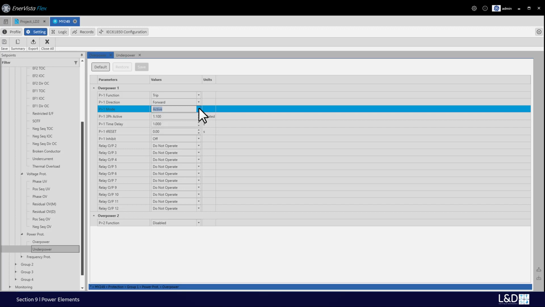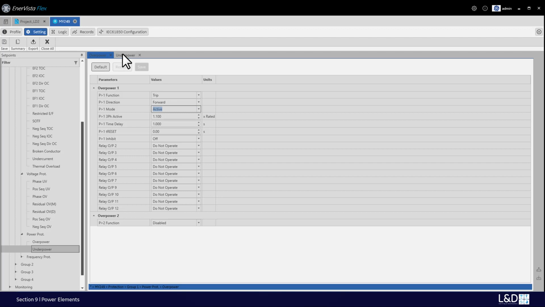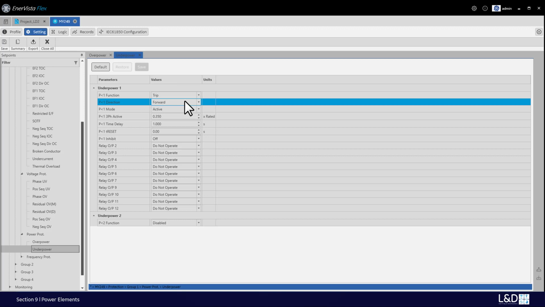In the underpower section, this can be programmed as forward or reverse, and the most common application for this underpower is low forward power protection for various applications like interlocking of non-urgent tripping and loss of load protections. The setting guidelines can be found in the instruction manual.